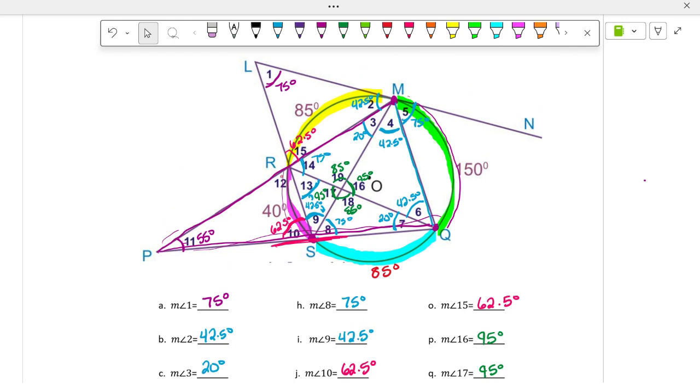So look at where 12 is. Could I use a triangle or a linear pair to help me find it? Okay, we can use a linear pair. It's a linear pair with 14 and 13. So how would I find it?